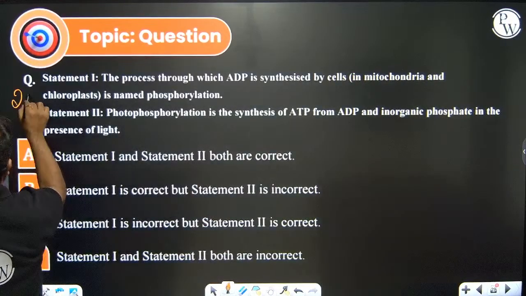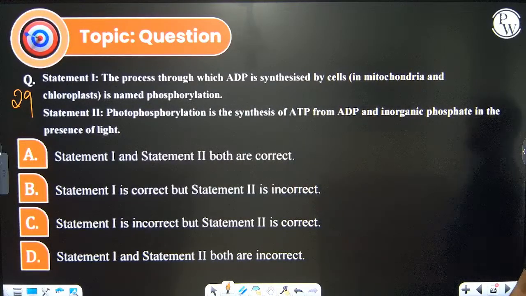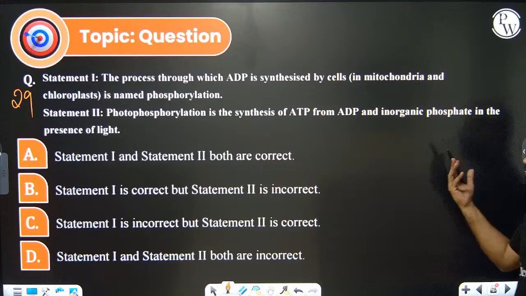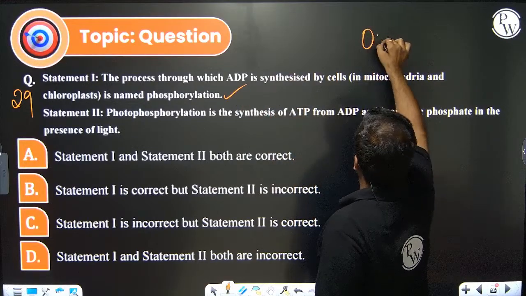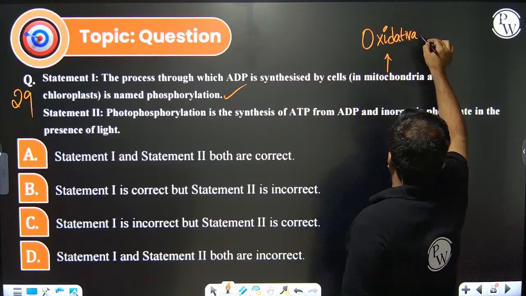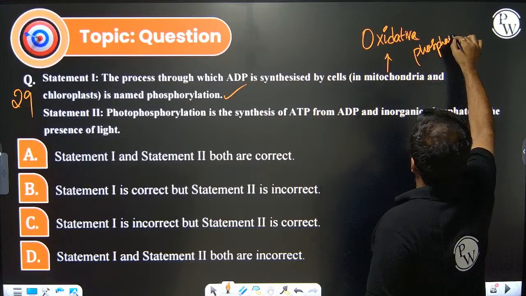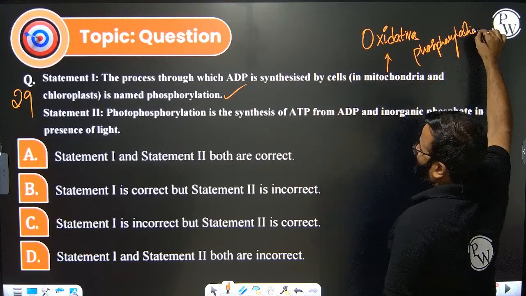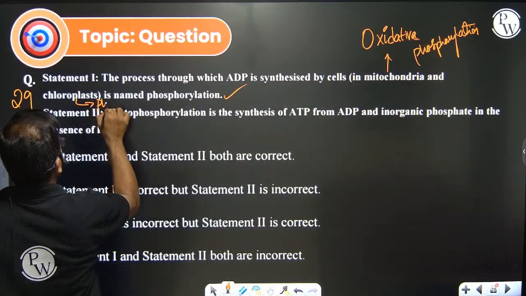29th question. Statement 1: The process through which ADP is synthesized by cells, including mitochondria and chloroplast, is named phosphorylation. In mitochondria, it is called oxidative phosphorylation, whereas in chloroplast, it is called photophosphorylation.